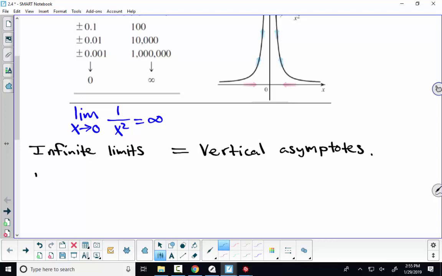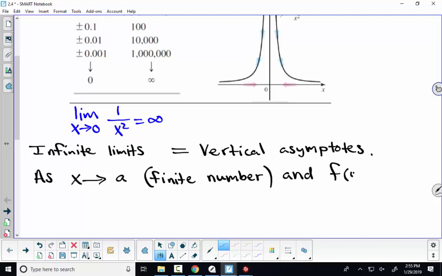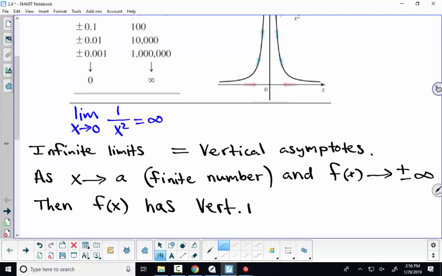So let's write this out. As x approaches a, which is a finite number, and f of x approaches either infinity, positive or negative, then the function f of x has a vertical asymptote at x equal to a.